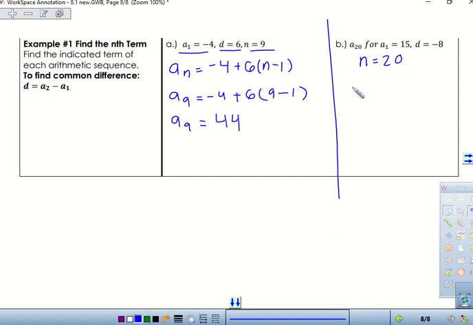Now you can just plug into the formula. We get negative 137.